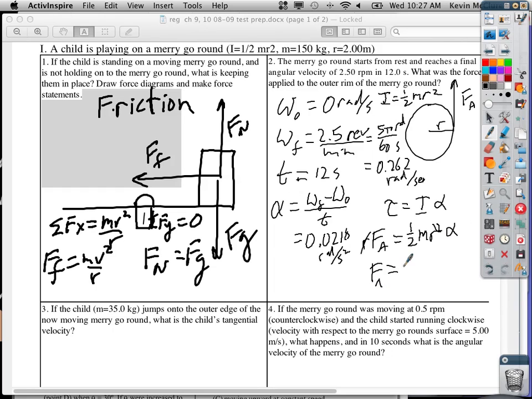We get F sub a is equal to mr alpha over 2. So the radius is 2 meters, the acceleration we already know, and the mass is 150. We divide all that by 2, and we get 3.27 newtons.